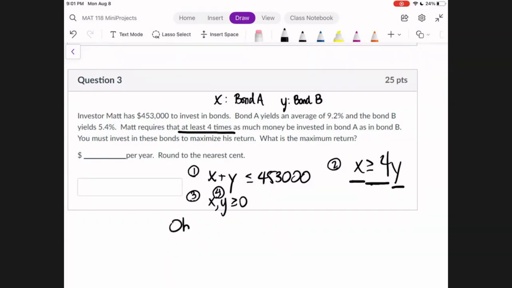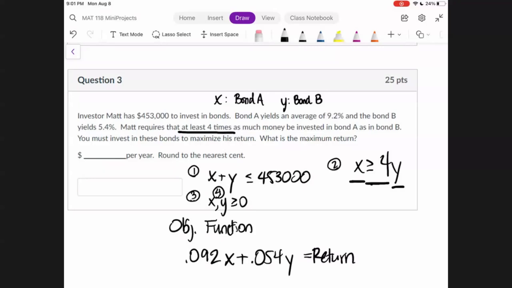So your objective function is, well, the amount of money in x you'll get 9.2% back from, and y you'll get 5.4, so 0.054 back. And this equals your return.